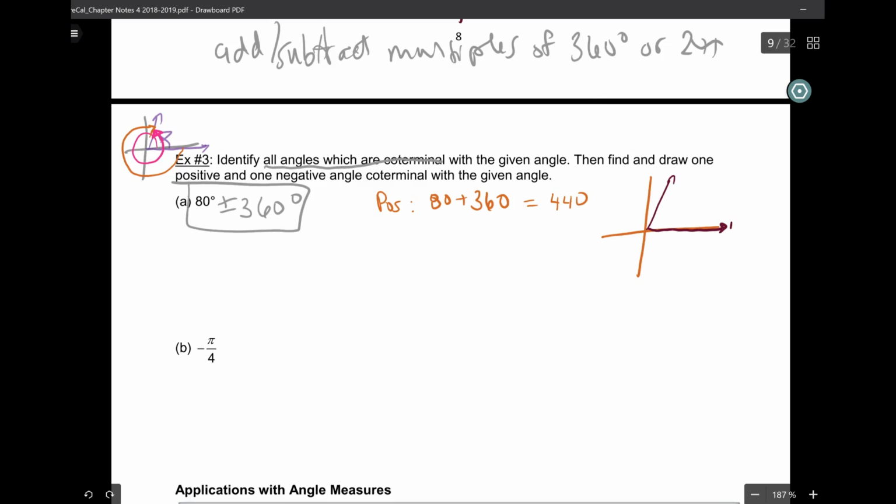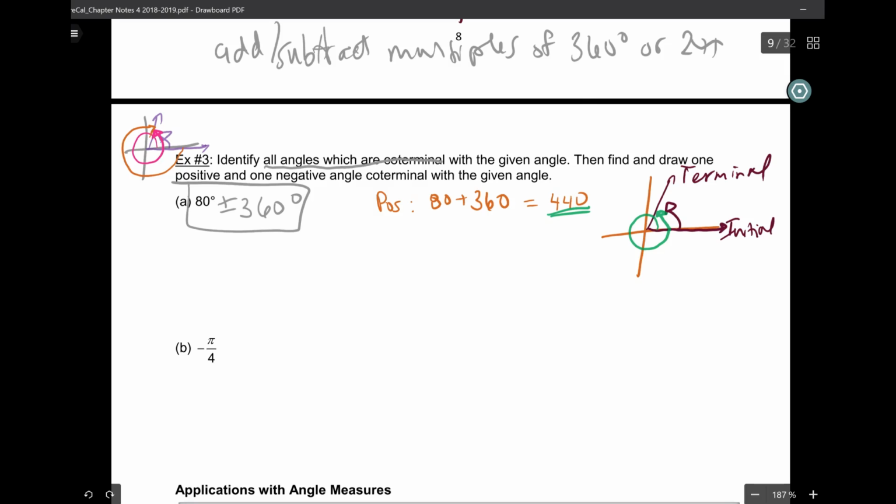So you go from the initial to the terminal side, and then these are going to be two coterminal angles. So the first one goes from the initial to the terminal, and of course we want the positive. That means this positive 440 will go around one whole time to 360 and then keep going to the 80. So that would be a total of 440 degrees.